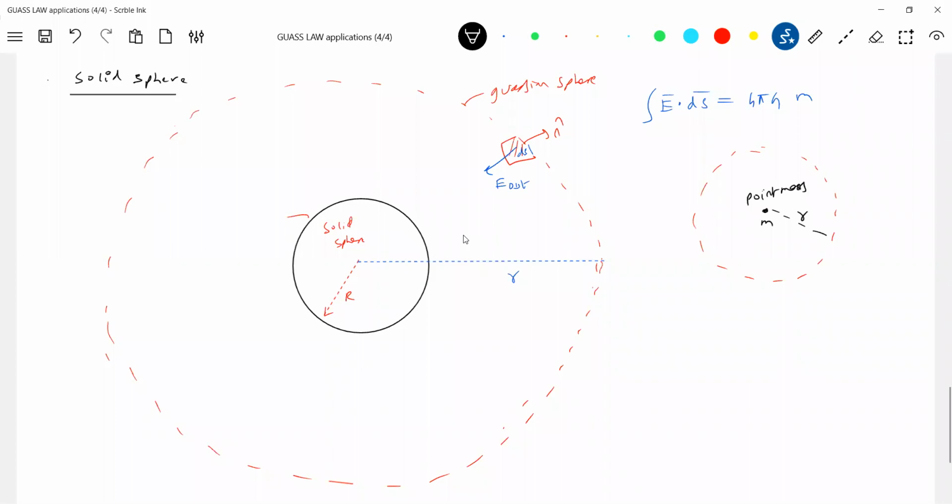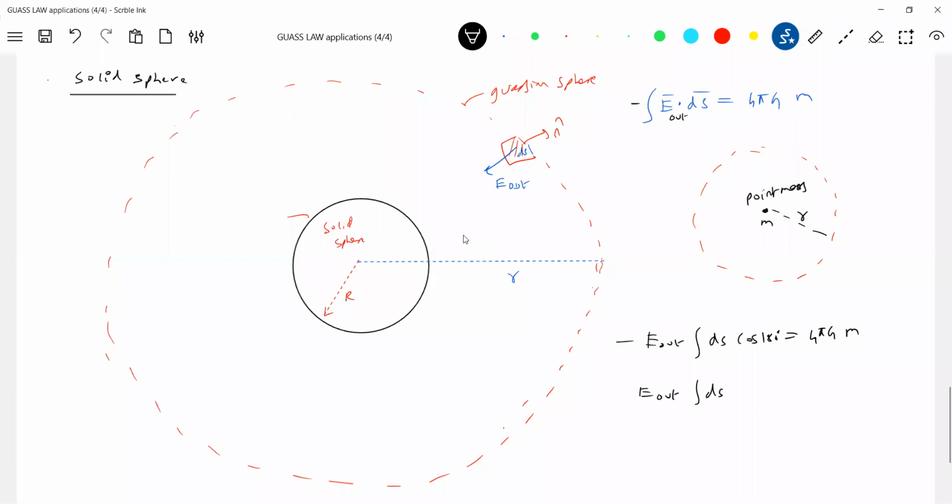If E is constant at all points and anti-parallel to ds, this becomes the integral of E out times minus ds cos 180 equal to 4 pi G. What is the mass enclosed? M. The negative sign will cancel.